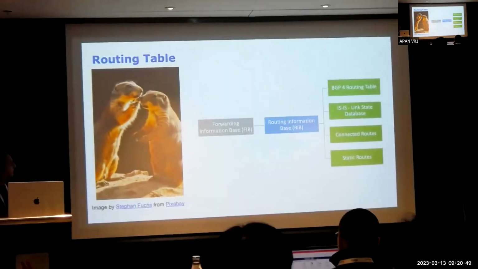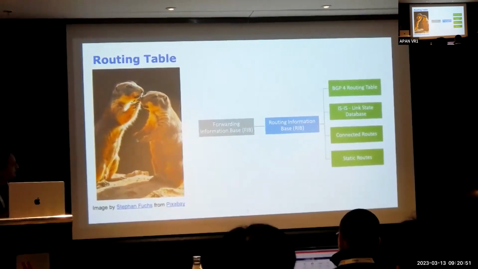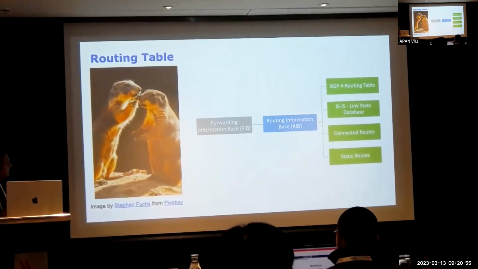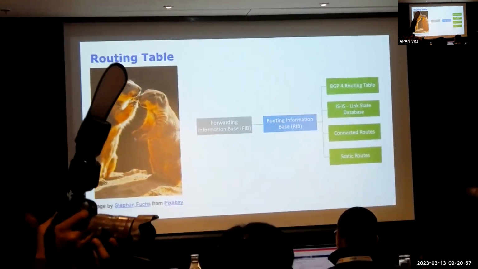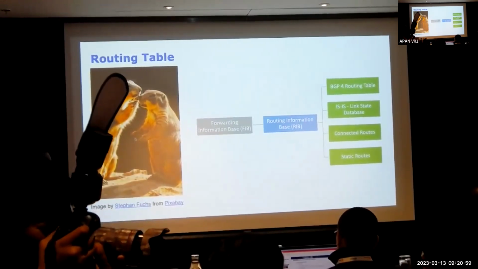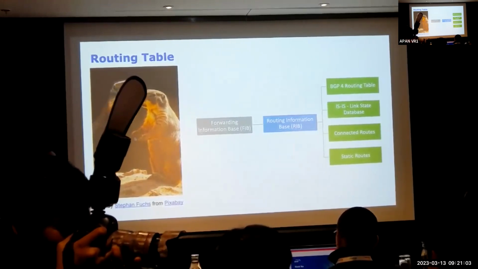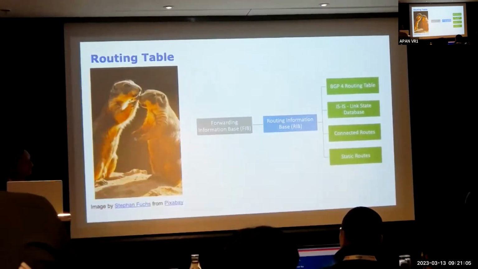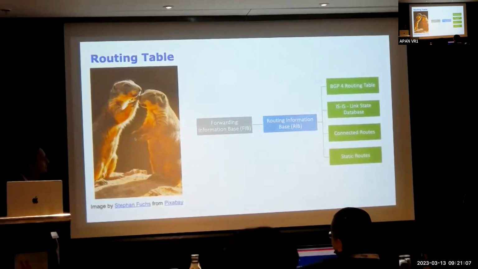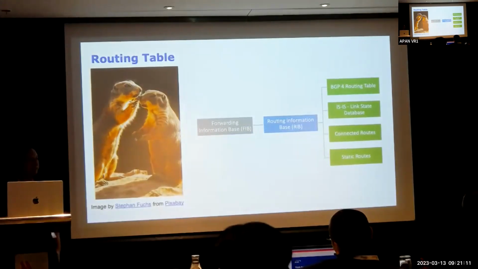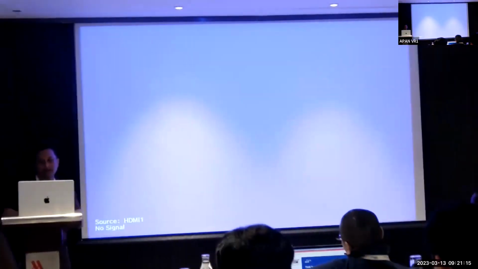There are two kinds of information bases in routers: the forwarding information base and the routing information base. The routing information base is filled up by the routes received from the BGP routing table, the IS-IS link state database, connected routes that are directly connected to the router, and other static routes as well.